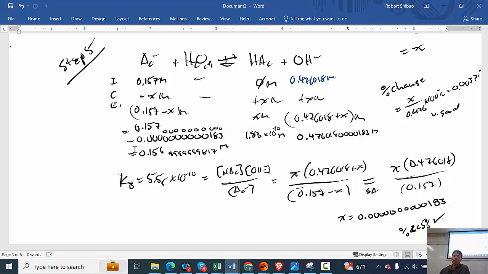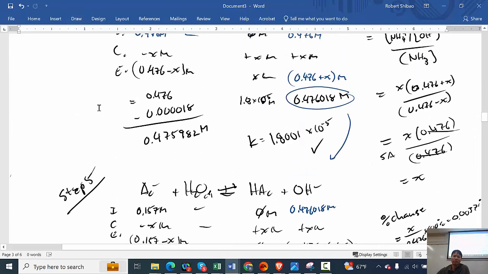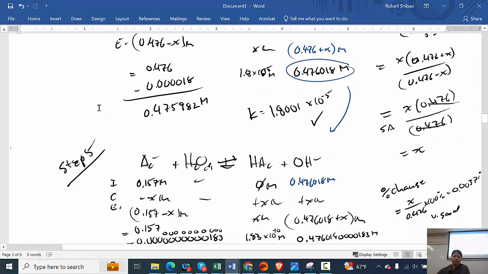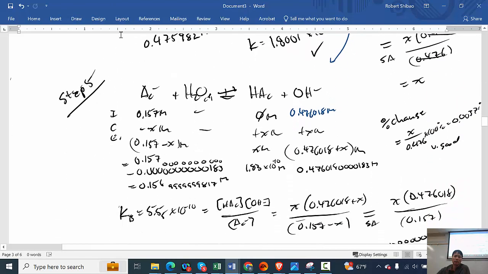Now, the situation is, do these new concentrations perturb step 5? So the hydroxide changed. Will that perturb step 5? Significantly? No. This is what we say, negligible change.